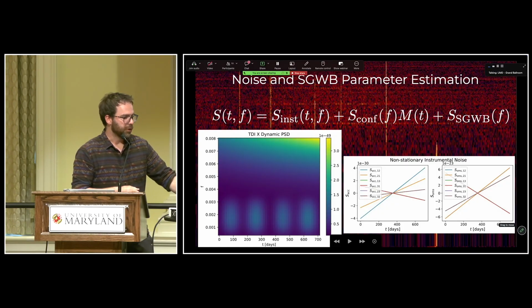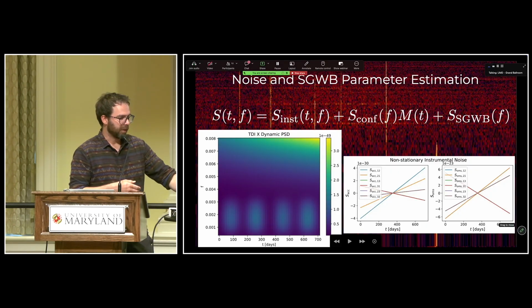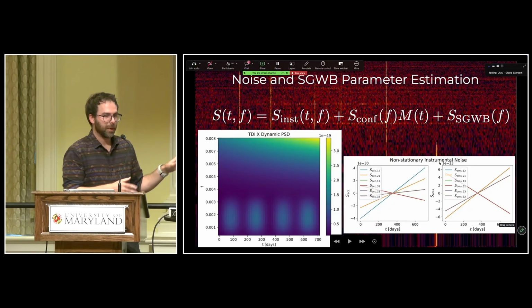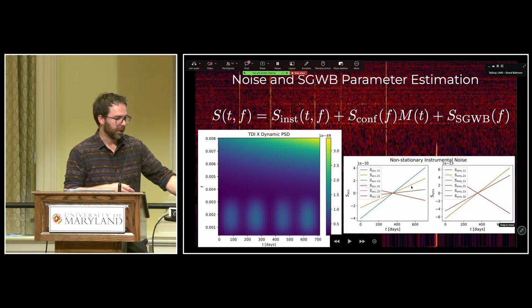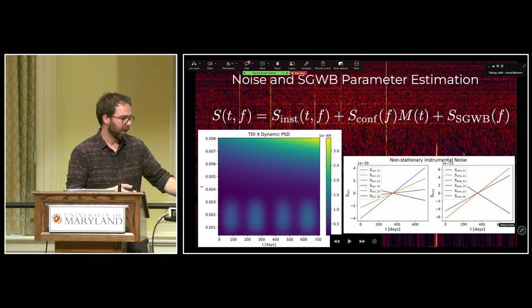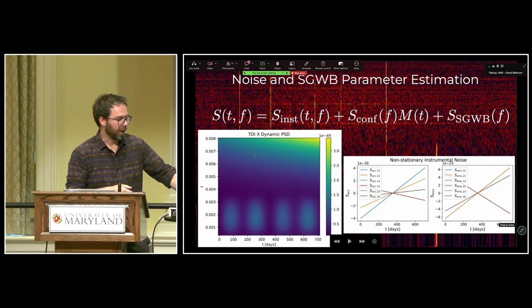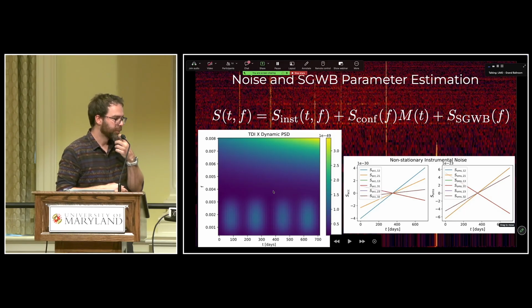The instrumental noise we're modeling at the link level, and we're taking the individual link-level amplitudes to optionally depend on time. For now, I just put in a linear slope. So when you add all these things together, for example in the X channel, you can have a ramp in instrumental noise and see the confusion noise changing as well.